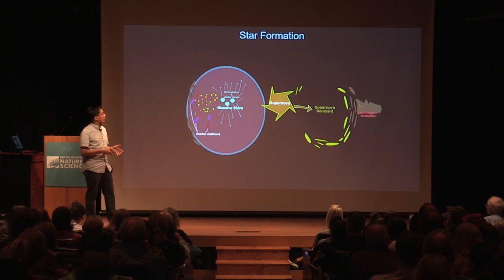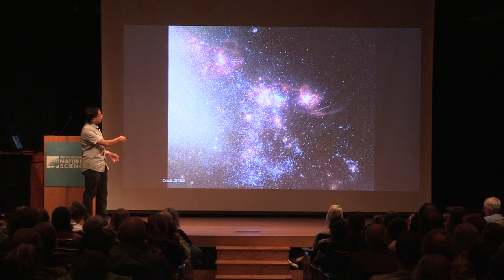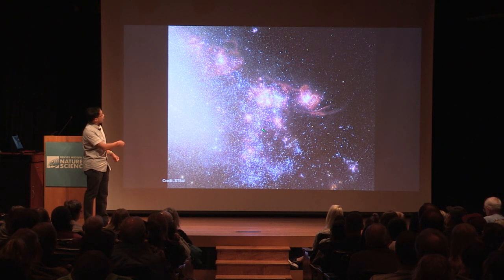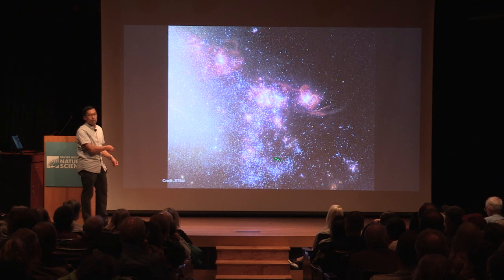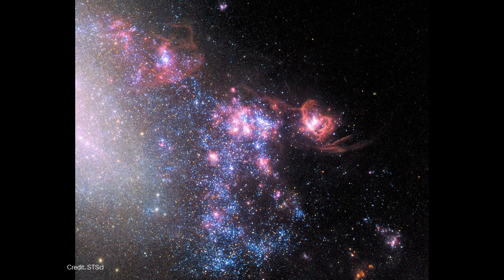And so part of the reason that we might be seeing star formation here that was older and then star formation over here that's newer, is that in this region down here, the supernova blew up a long time ago, tens of millions of years ago, and it instigated star formation further up in this picture. So this might be a region where star formation is propagated because of supernovae going off.